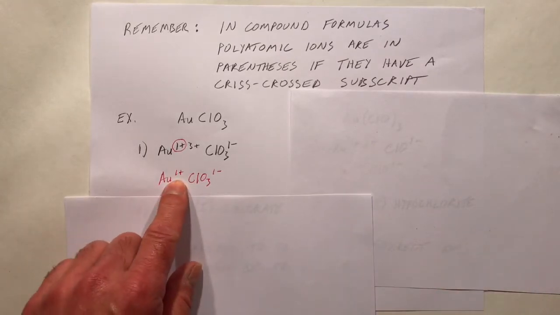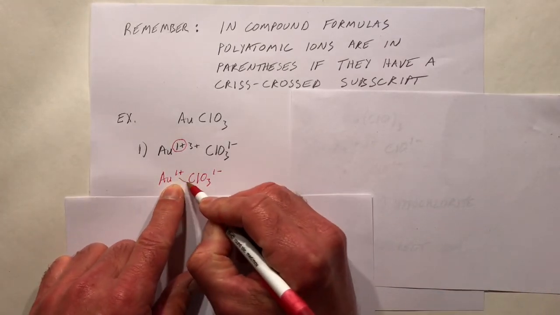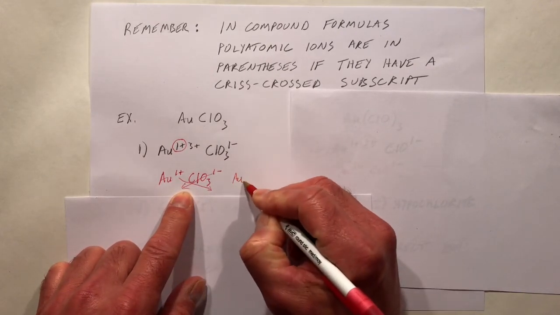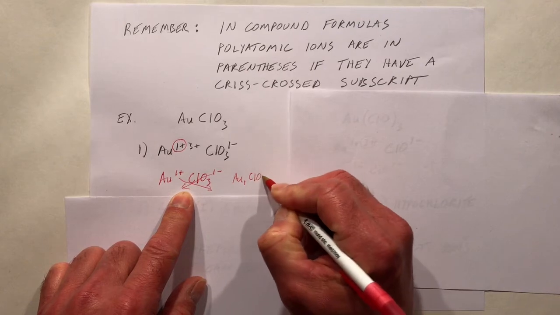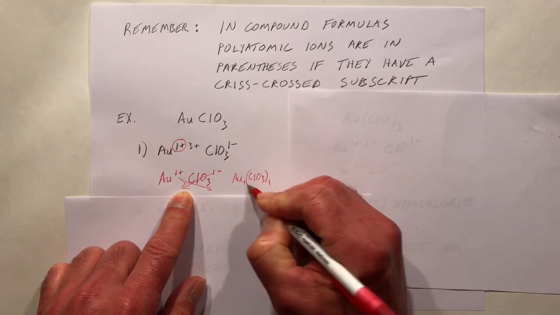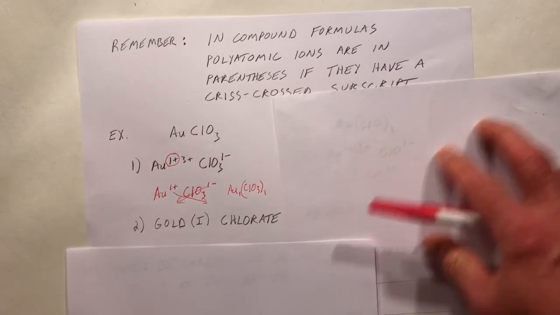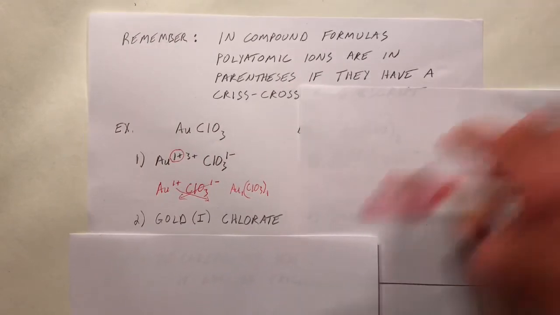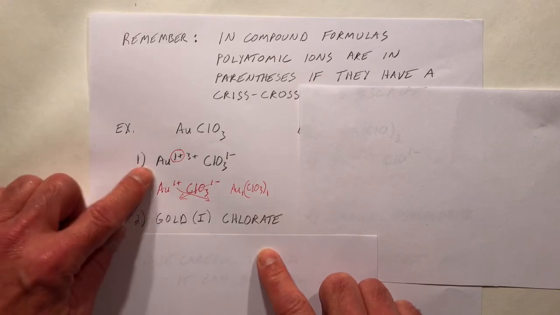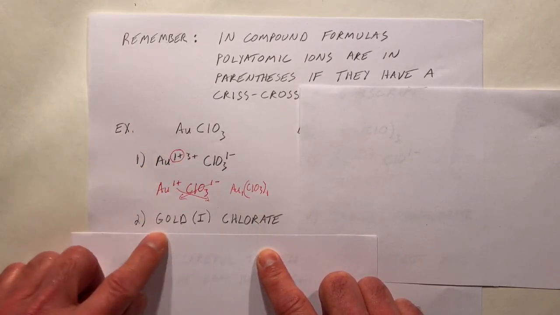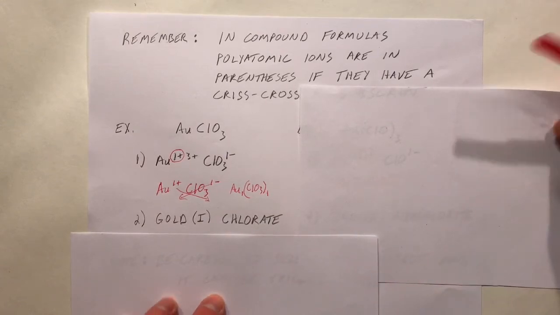If we use the 1, this one will go here and this one would go there, and we would get Au1 ClO3 taken once. Well, if we don't write the ones and we don't write the parentheses, that's what we have there. So this compound would be gold 1 chlorate. So the first step is to write the ions and then verify that you have the correct ions. The second step is to write the name of the compound.